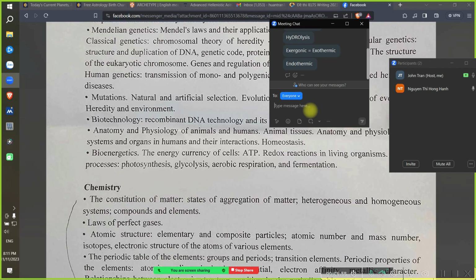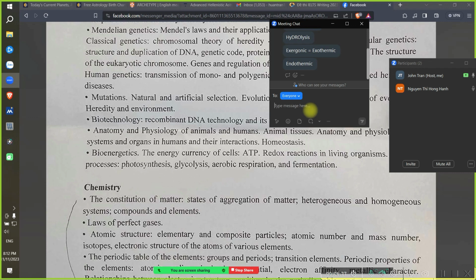And for the reverse equation, we have energy input. We get ATP plus water, and it is going to form ADP, or adenosine diphosphate, plus a phosphate group plus energy.